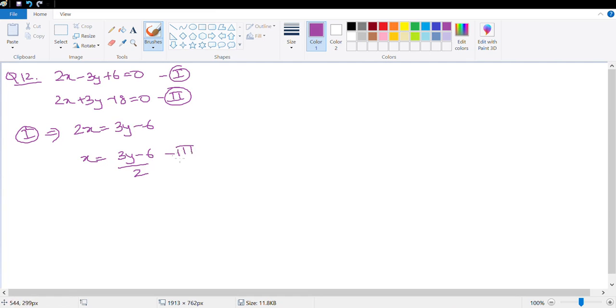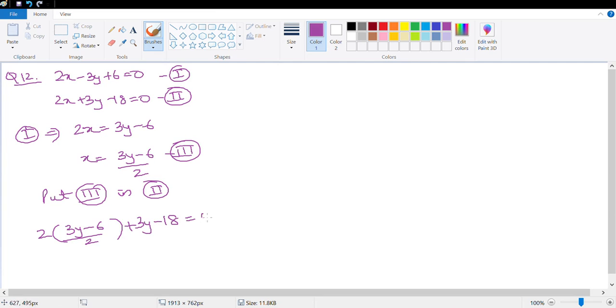This is equation 3. So put equation 3 in equation 2, and what we get is 2 times (3y minus 6) upon 2 plus 3y minus 18 is equal to 0. This 2 and this 2 get cancelled. So we have 3y minus 6 plus 3y minus 18 is equal to 0.